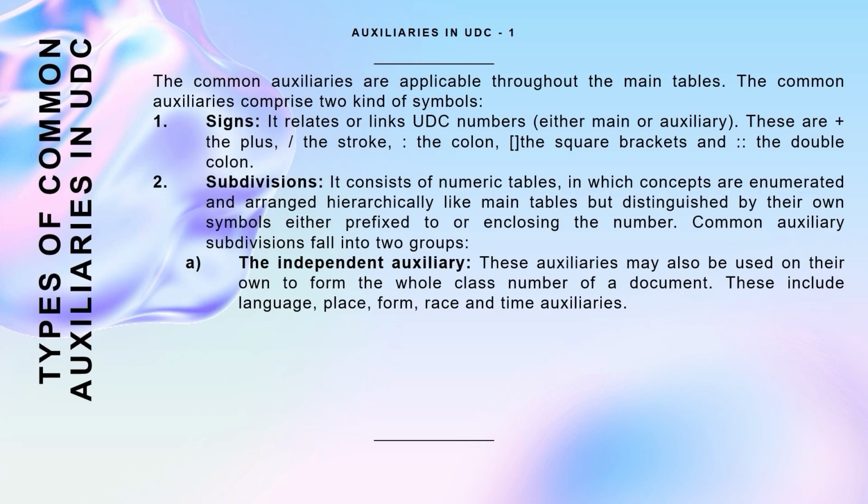If we assign the class number of Indology using only the place common isolate, that is within parenthesis 540, this is sufficient to represent the subject Indology. So 540 within the parenthesis is the independent common auxiliary, because this common auxiliary may be used on its own, not attached to the main class number.